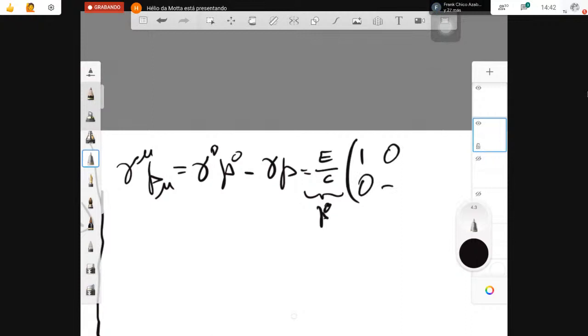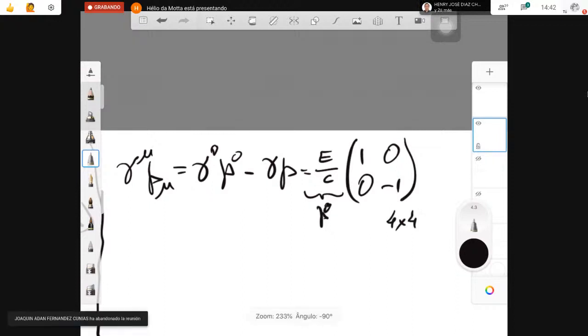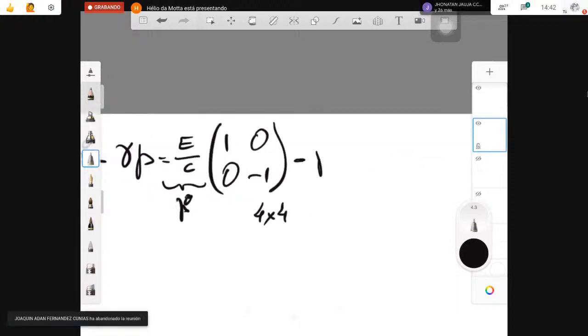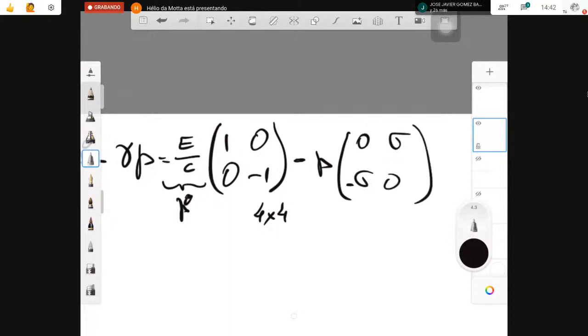Remember, this matrix is in fact a 4 by 4 matrix, and this one is the identity matrix. Minus P, and you have those matrices. So this is an operation that's very easy to do. So let's do it.